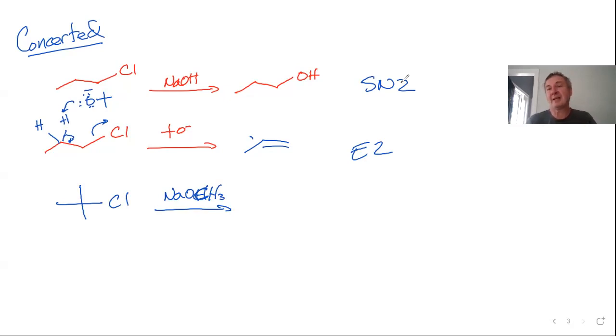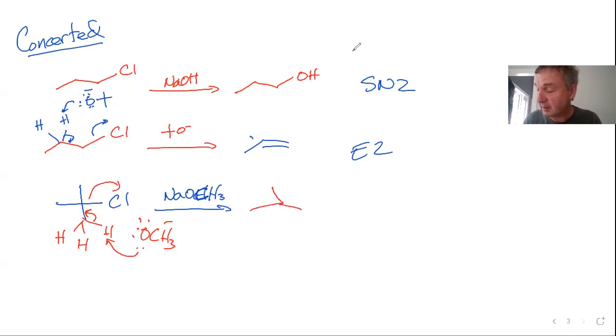It can't attack the backside, so it can't do SN2. So what can it do? Well, exactly what we just saw. You go 1 carbon away. Here's my strong base. Acting as a base, not a nucleophile in this case. Plucks off that proton. That collapses to the pi bond. The chloride leaves. We get the elimination.